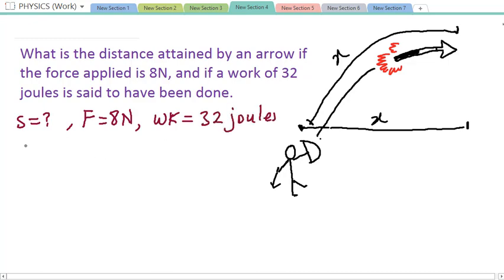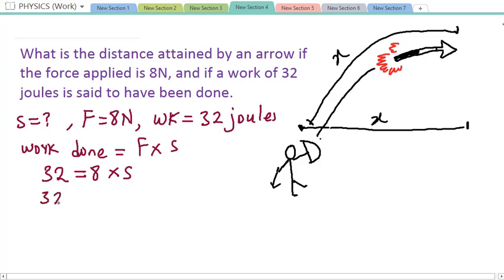So let's put down our formula, which says that work done is equal to force times distance. Work done is 32, equal to, let's remove the units and solve. Force is 8 multiplied by distance, which is unknown, so let's just call it s. 32 equals 8 times s, that is distance. It just becomes 8s.